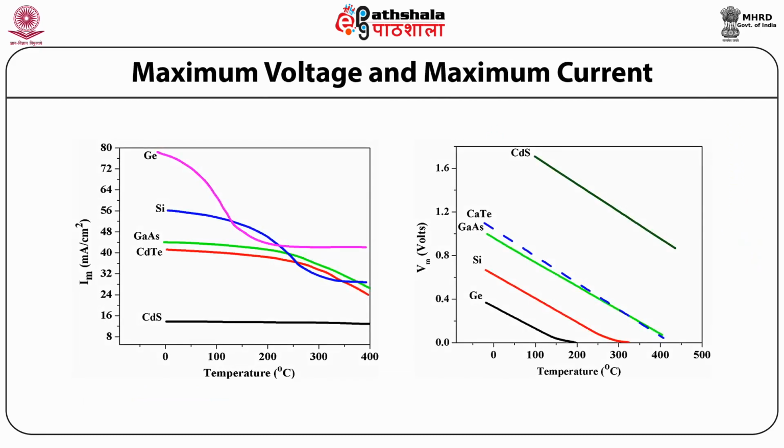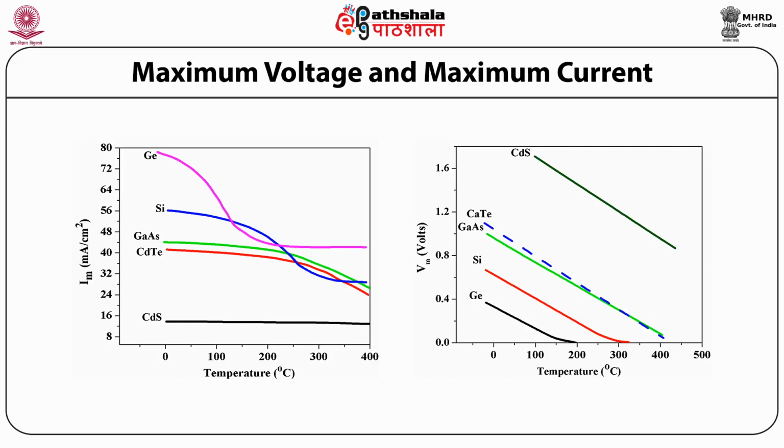Now students, as you can see from these two graphs, which show the variation of maximum current and maximum voltage with increase in temperature for various semiconductor materials. From these figures, it can be understood that the increase in temperature causes a percentage decrease in Vm.